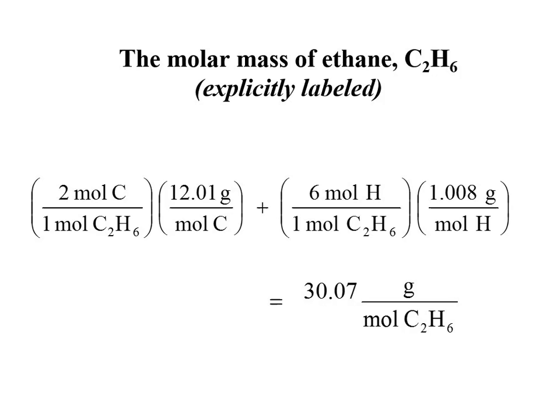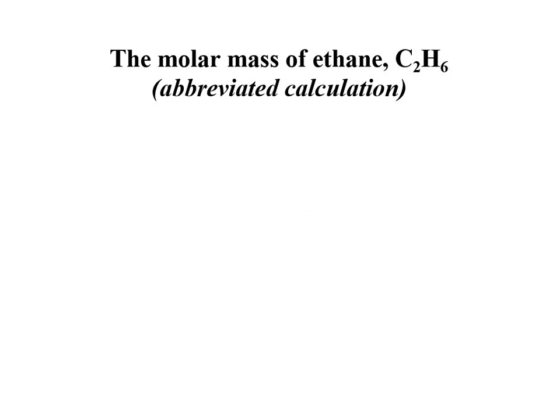The easier way, which is the way I do it and I would expect you to do it, the abbreviated calculation, looks like this. You find the decimal number for carbon and multiply it by 2. You find the decimal number for hydrogen and multiply it by 6. So 2 times 12.01 plus 6 times 1.008.